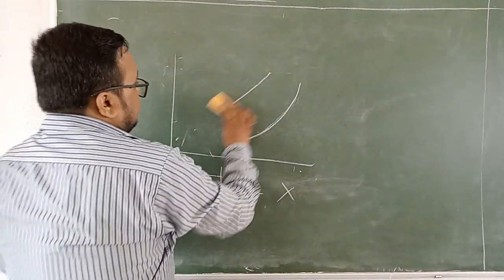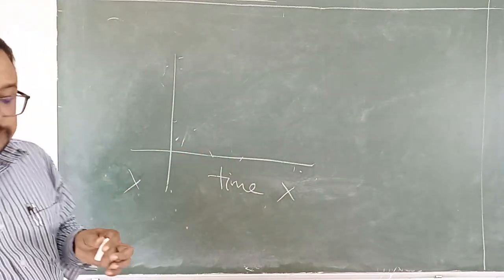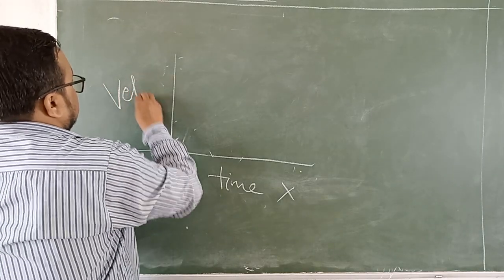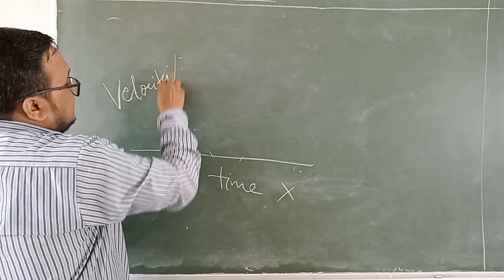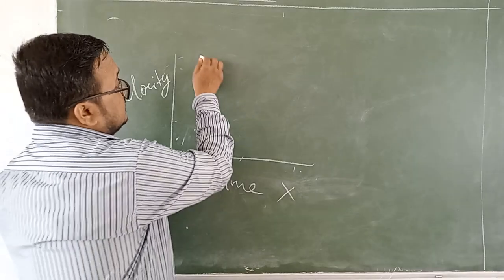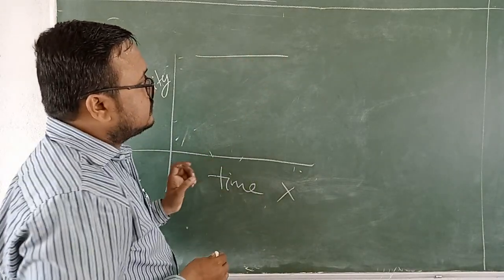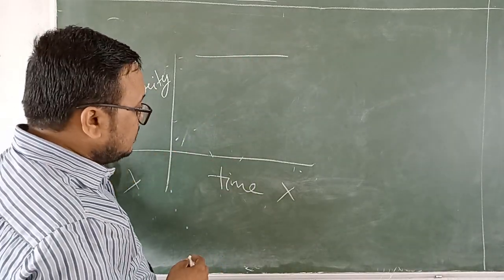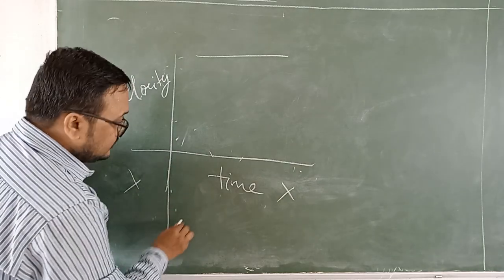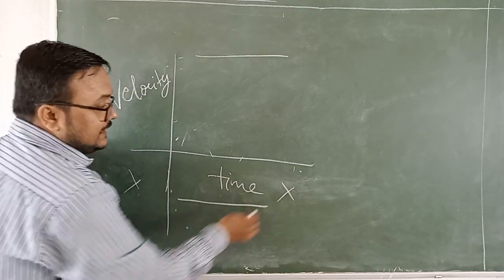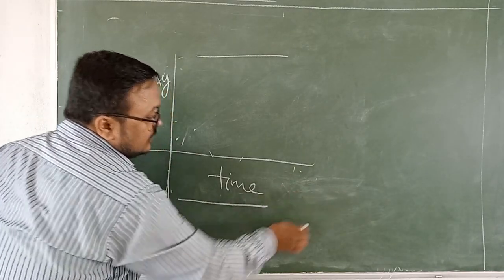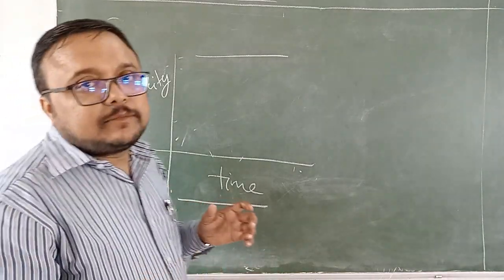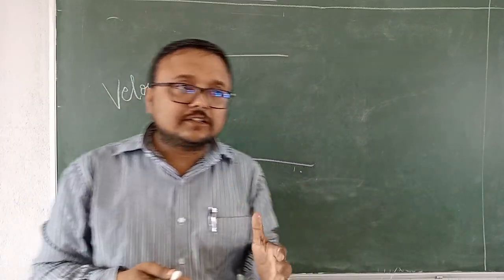And if we take the velocity time graph, then this indicates constant velocity, and if it is in a negative axis, velocity will come in negative axis because velocity become negative when we are moving.